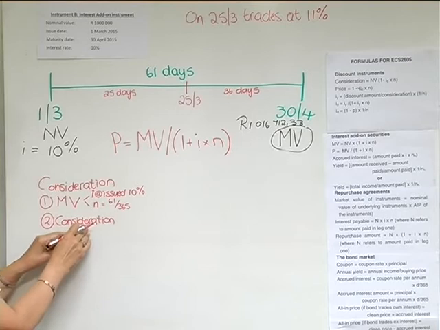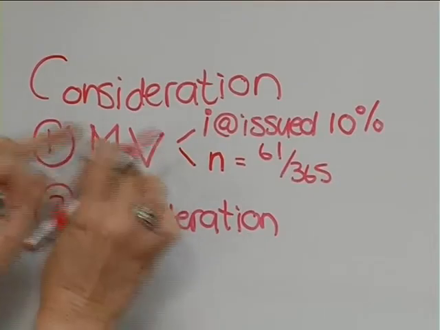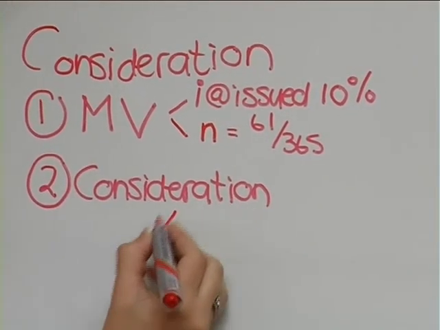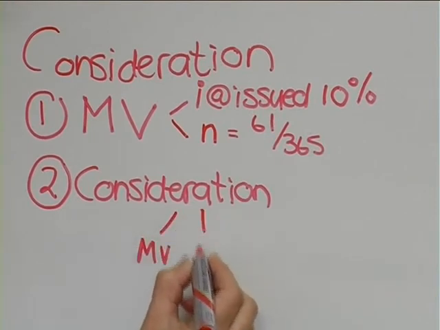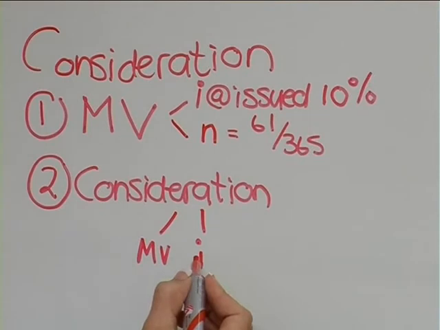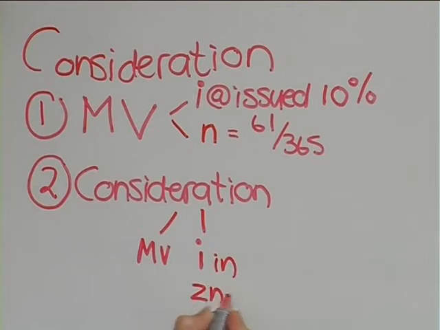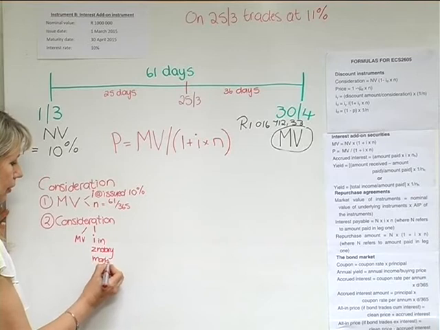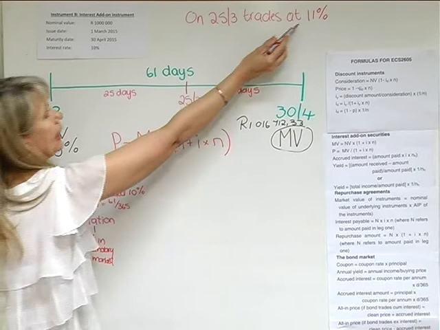Now, to calculate the consideration, step 2, you will then use that maturity value, and you will use the interest rate, and now we are using the interest rate at which it trades in the secondary market. So for this instrument, it is going to be 11%.